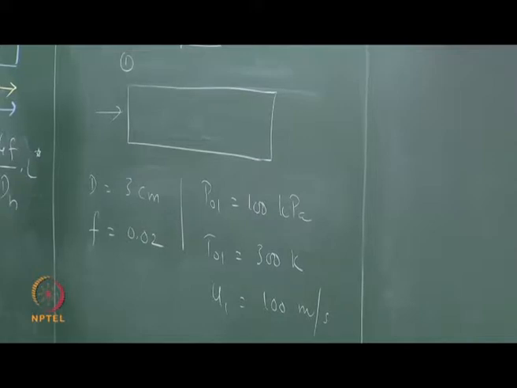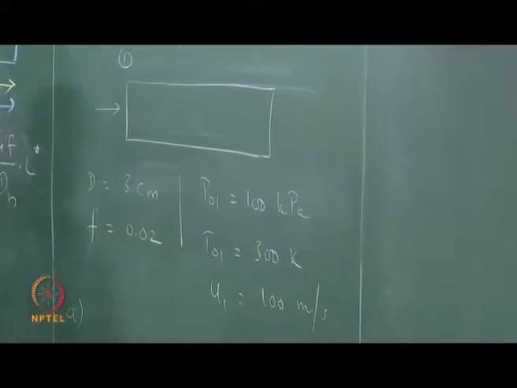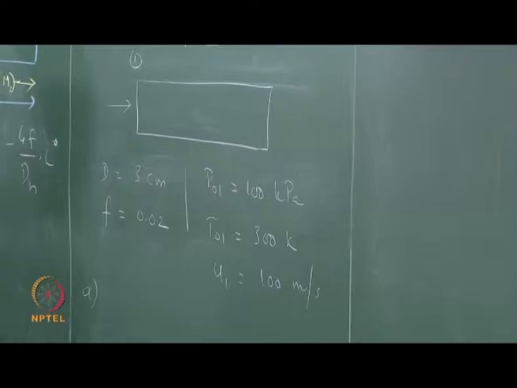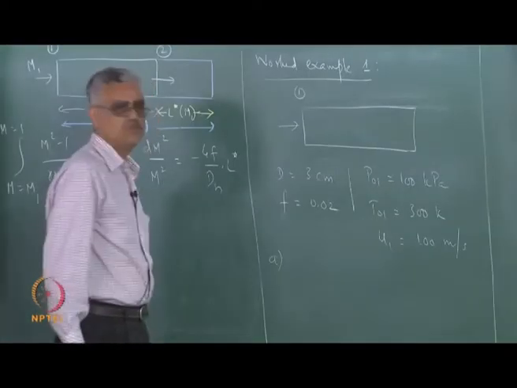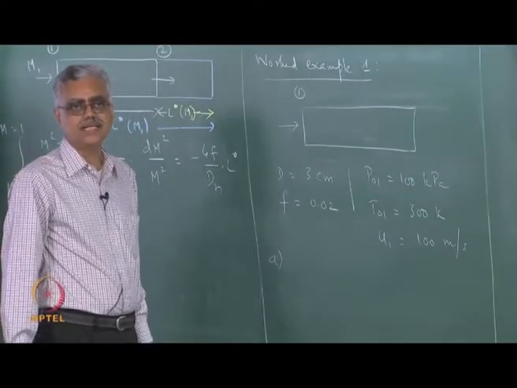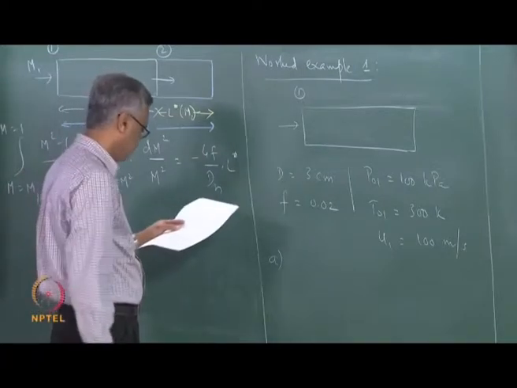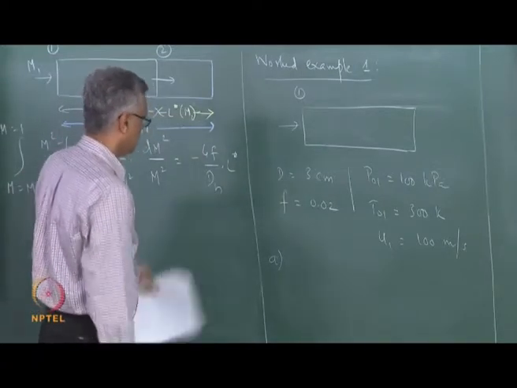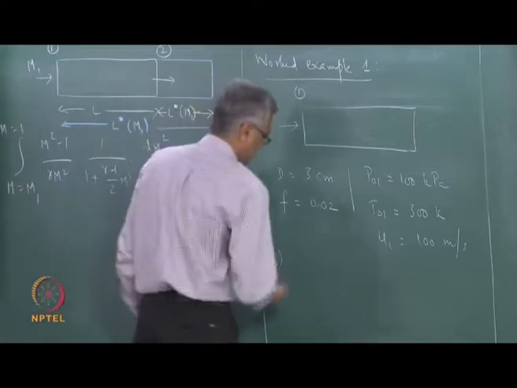So, we are asked to calculate first the mass flow rate m dot through the pipe. So, to calculate mass flow rate, we need to know the static conditions. Stagnation conditions are given here. So, let us start with the static conditions.